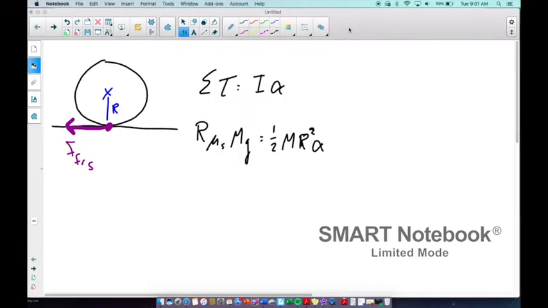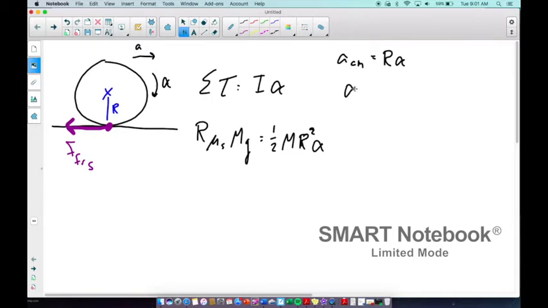And we know that this thing is also accelerating translationally in addition to its rotational or angular acceleration. And of course, in rolling without slipping, we know that this is always true. The acceleration of the center of mass of the thing translationally is equal to r, the radius, times the angular acceleration.